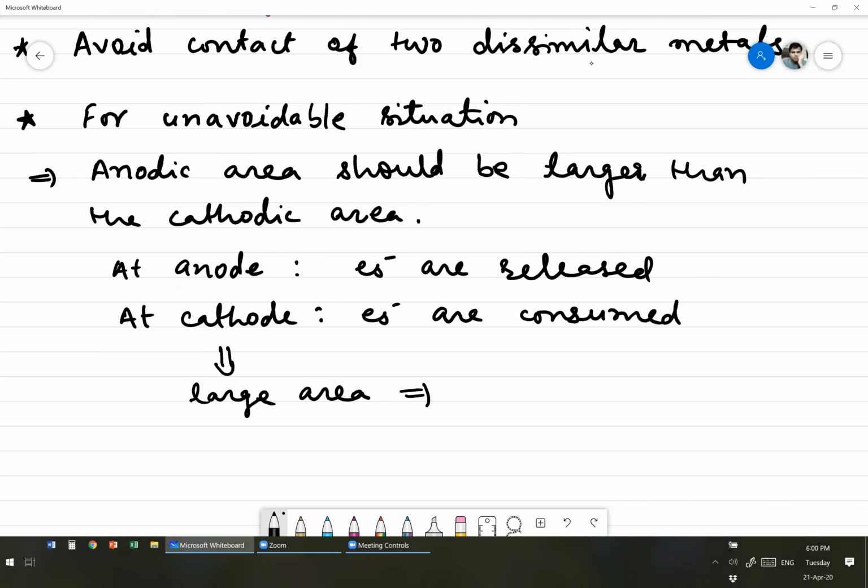If the area of the cathode is large, then it will have a high demand for electrons.